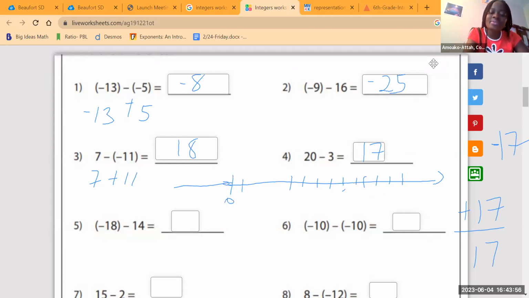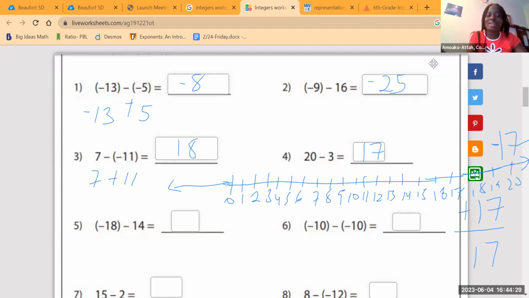So 0, 1, 2, 3, 4, 5, 6, 7, 8, 9, 10, 11, 12, 13, 14, 15, 16, 17, 18, 19, 20. All right. So let's assume there's a number line, okay?